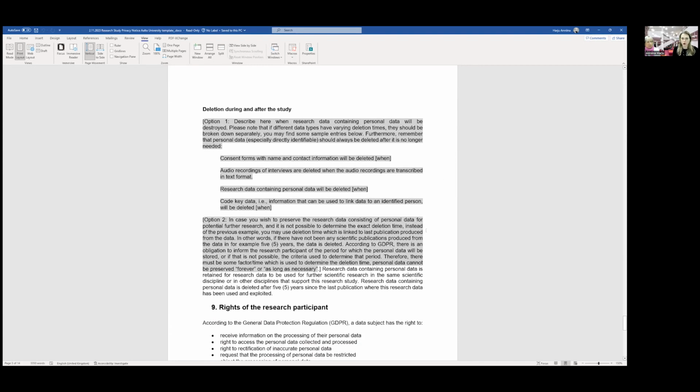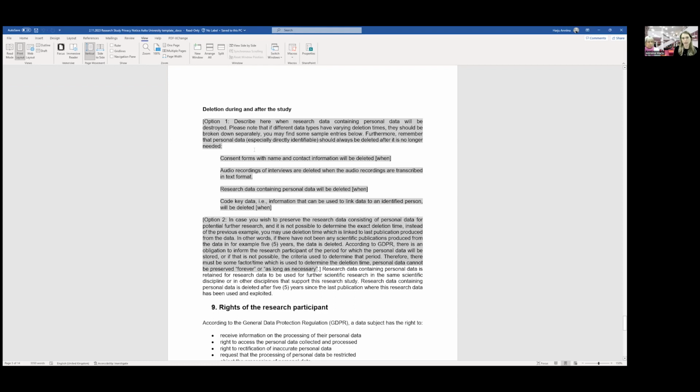So in option 1, what's really important to note is that usually it's not recommended to delete the entire data at the same time. For different data sets or pieces of information, you in most cases have different times when you delete them.